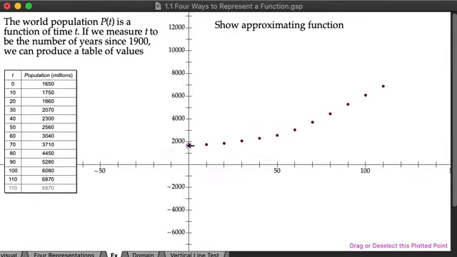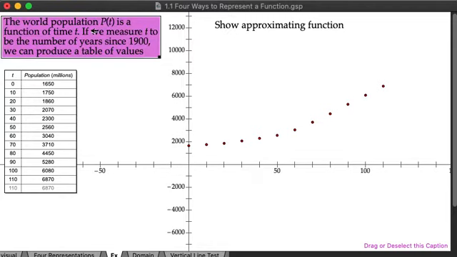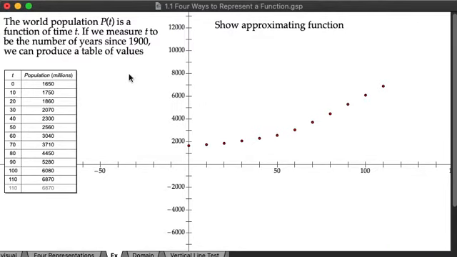Okay, so this would be a verbal description of the population, that the population is a function of time, and then specifically saying we measure T to be the number of years since 1900. Here we have a table of values, which gives us a numerical representation of this function. And here we have a visual representation of this function by plotting those individual numerical values.